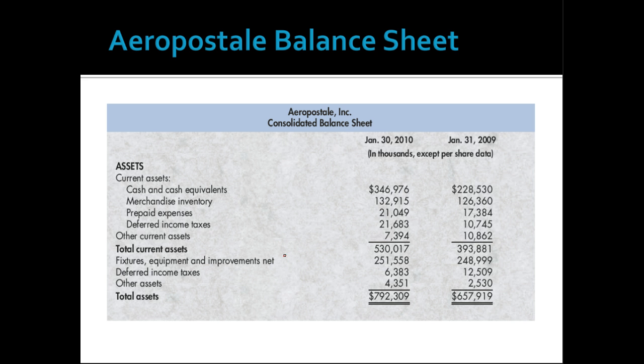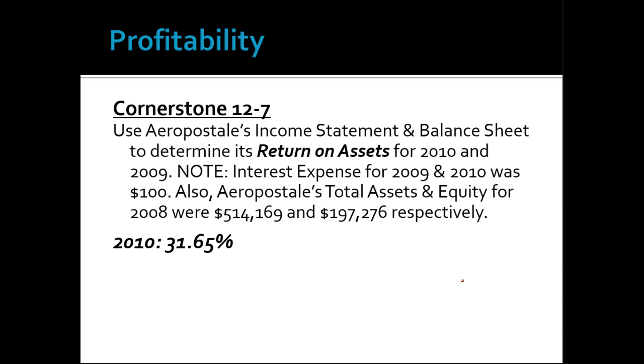It's net income plus interest expense of 0 times 1 minus the tax rate, so it doesn't even matter what the tax rate is. It's just net income divided by the 2 years' worth of total assets divided by 2. And what we find is that for 2010, the ROA for Aeropostale was 31.65%, and in 2009 it was 25.51%.